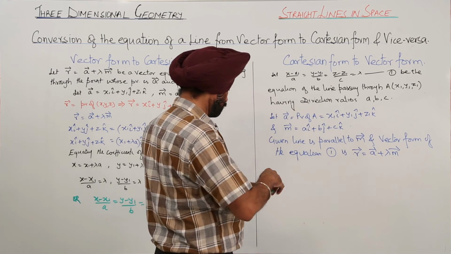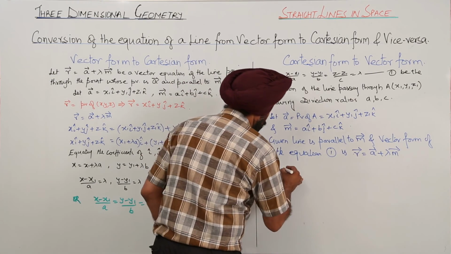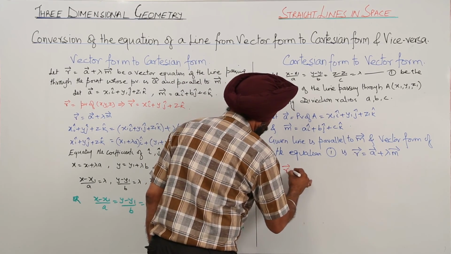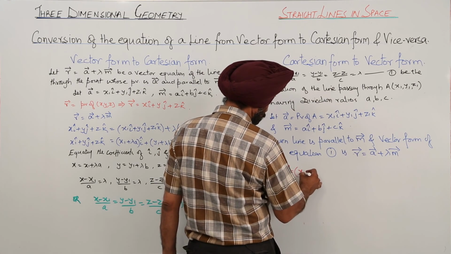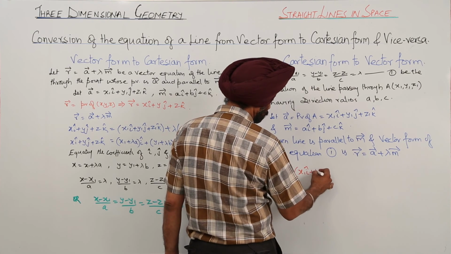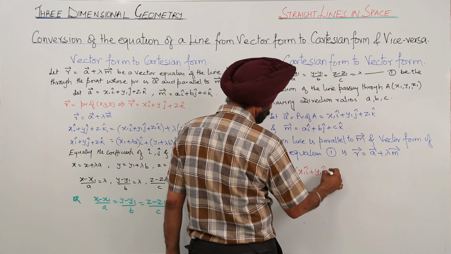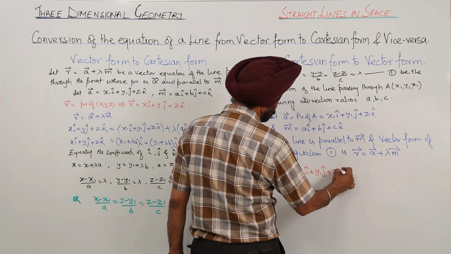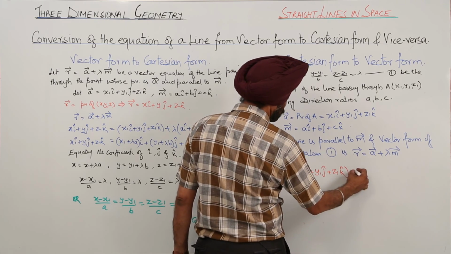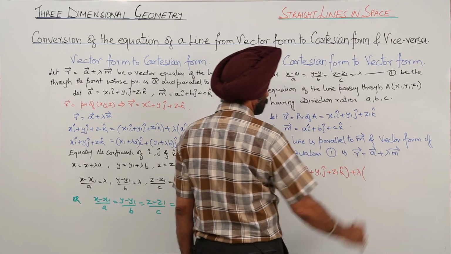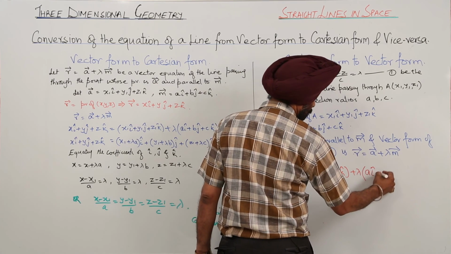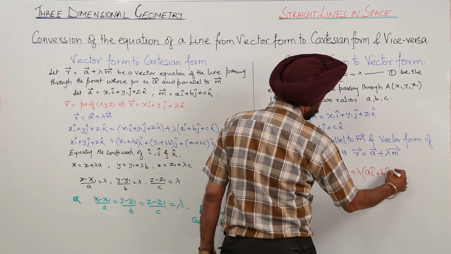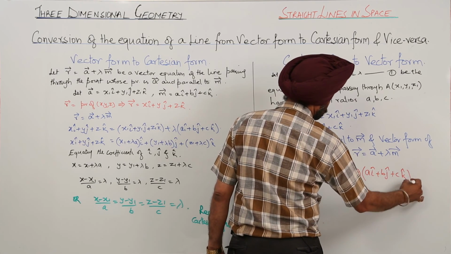Now vector r is equal to vector a, which is x1 i cap plus y1 j cap plus z1 k cap, plus lambda with vector m, which is a i cap plus b j cap plus c k cap.